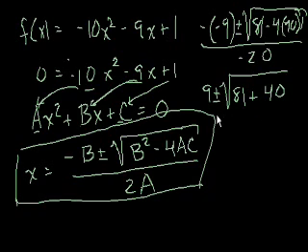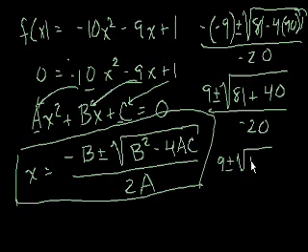And then we have all of that over negative 20. Well, 81 plus 40 is 121. So this is 9 plus or minus the square root of 121 over minus 20. The square root of 121 is 11.